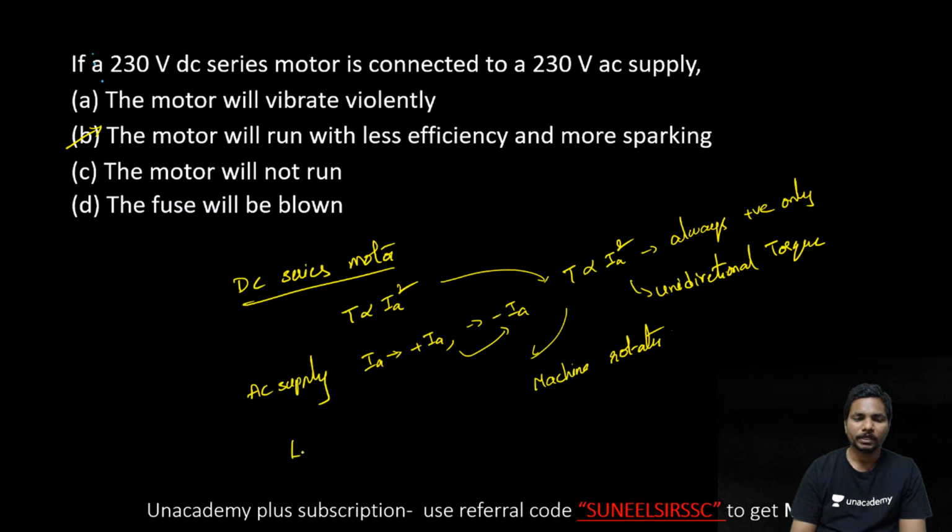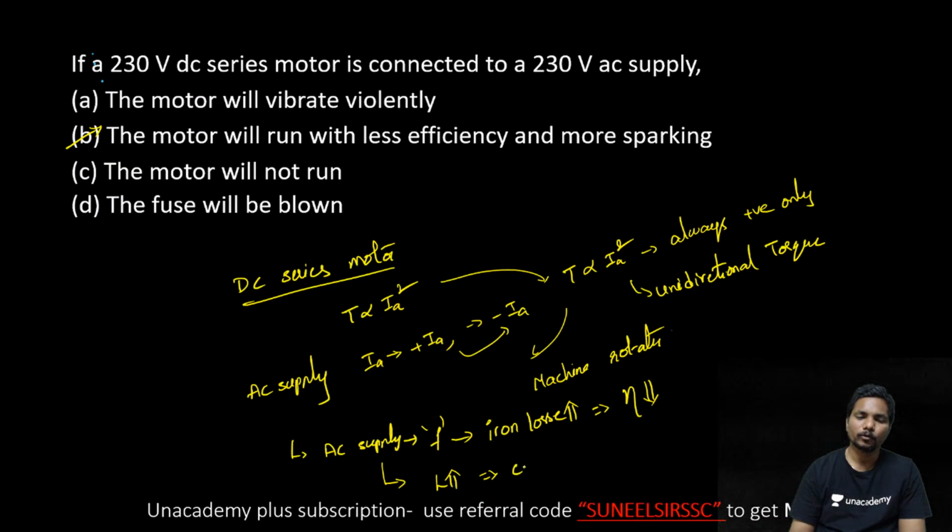But the problem we can get in case of AC supply is, due to the frequency, we are getting iron losses. Iron losses will be high, so losses high means efficiency is less. And if you give the AC supply, the inductance value is high due to the reactance. As inductance value is high, commutation is poor.